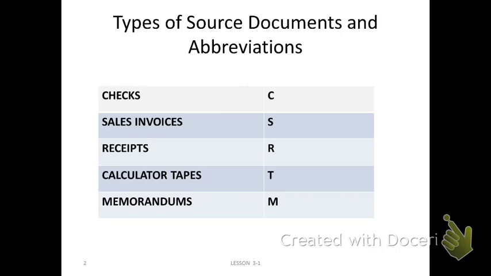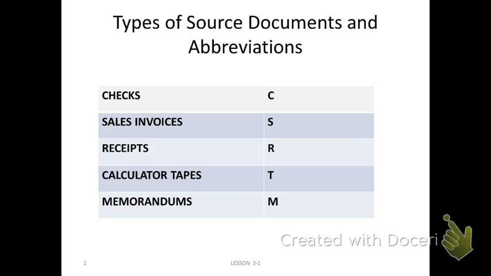In class, I introduced you to the fact that we now are going to be dealing with source documents, and source documents are proof that accounting transactions really did occur. It's something tangible, something that we can actually see to prove that something happens. For example, I can say that I received cash from sales, okay, but where's the proof for that?